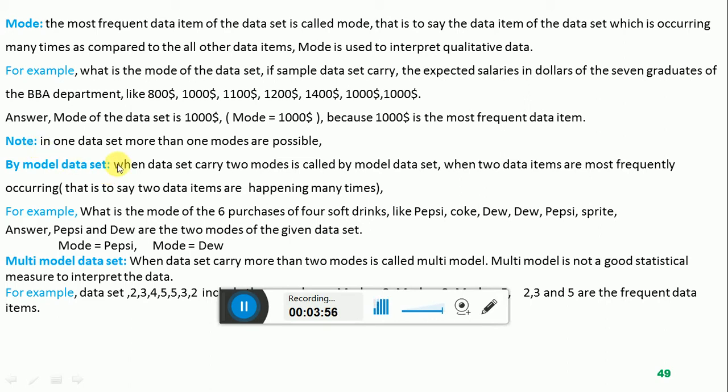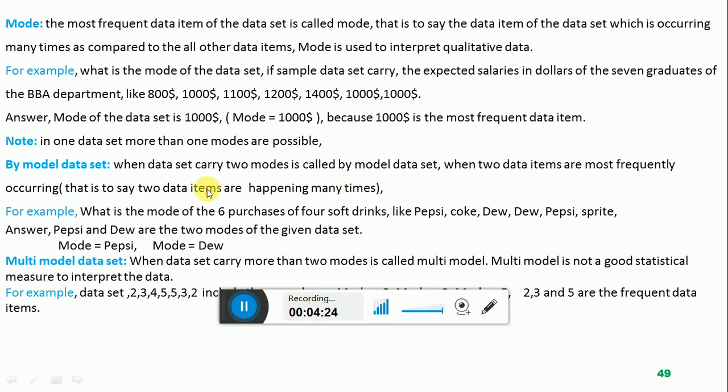So when a data set carries 2 modes, this type of data set is called a bimodal data set, and a bimodal data set includes 2 modes.